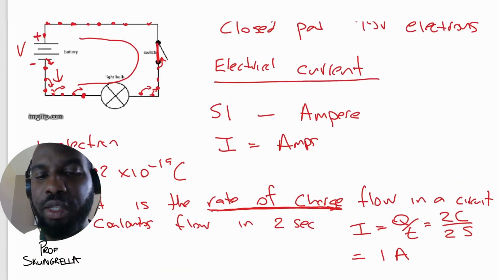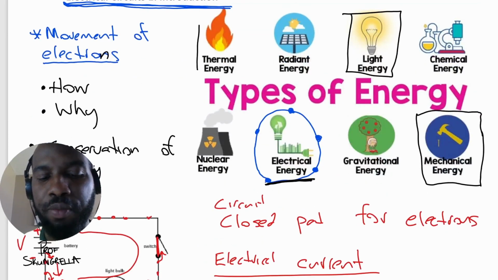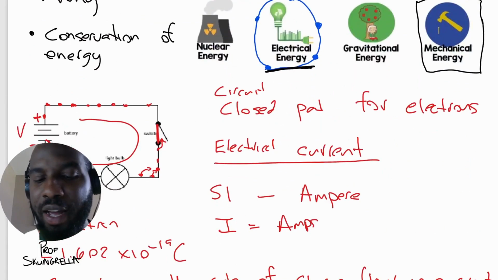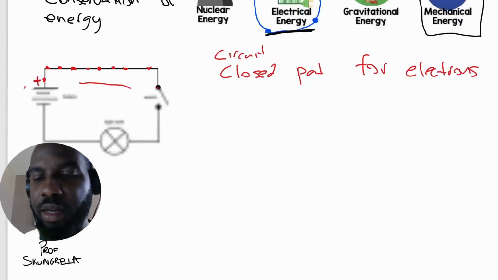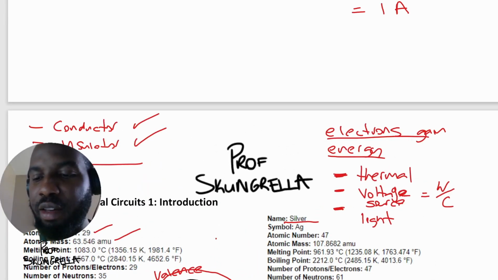All right, so I hope this was just an introduction to electrical circuits. Again, just to reiterate, electrical energy is based on the movement of free electrons. Right, now there are different ways to get these electrons to move. We said here we have the 3 ways we can get free electrons. We said we can have a thermal source, right?